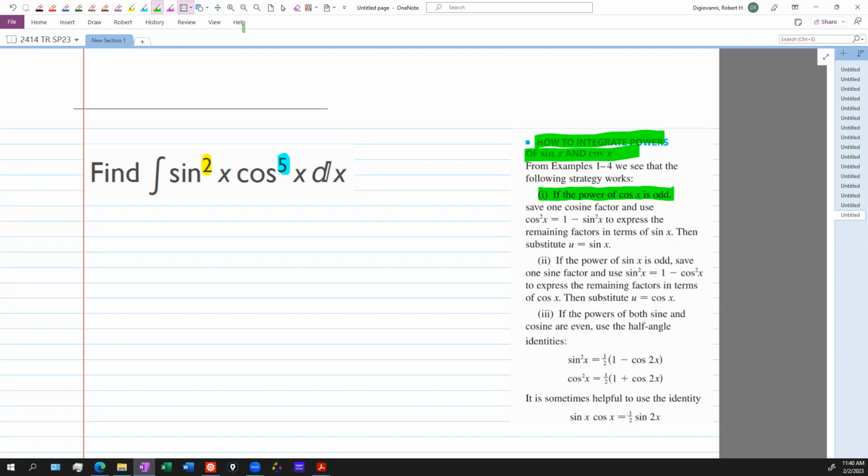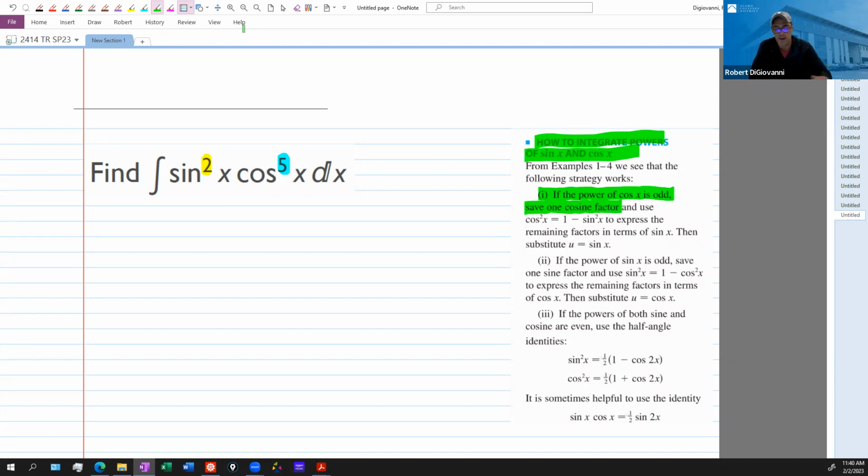Yes, cosine is odd. So I'm going to save one factor of the cosine, which means I'm going to peel one of those cosines off. If the cosine started out as being odd, then when I peel it off, I should be left with an even power of cosine, which you can see there, right? Cosine to the fourth now.